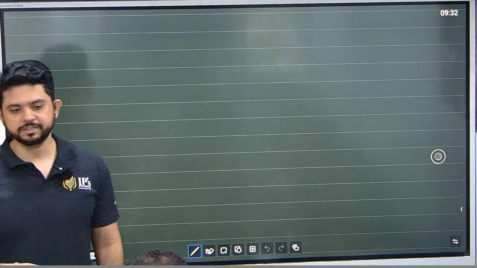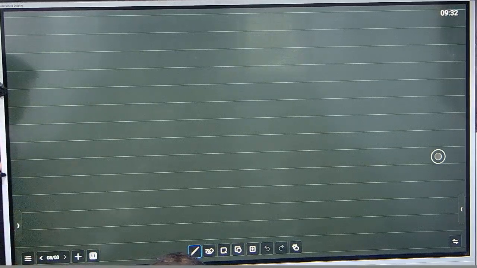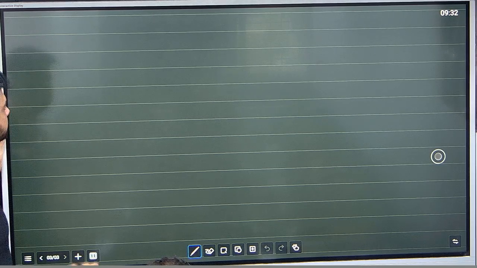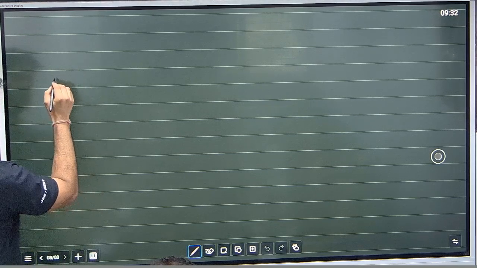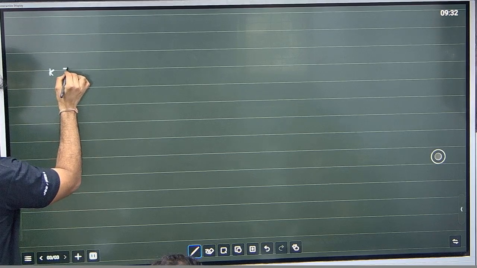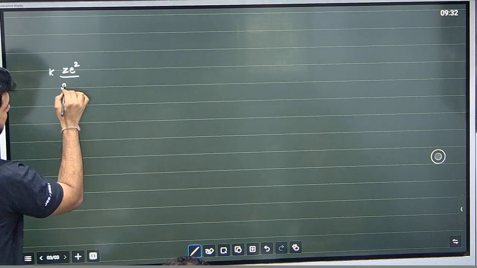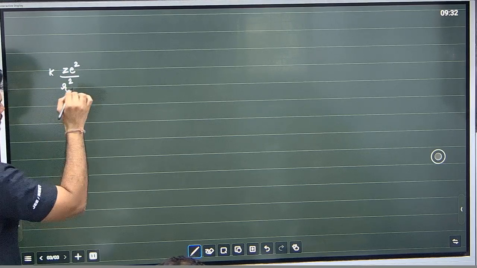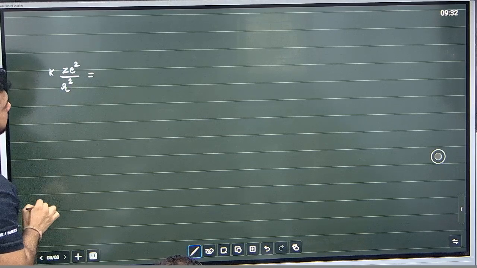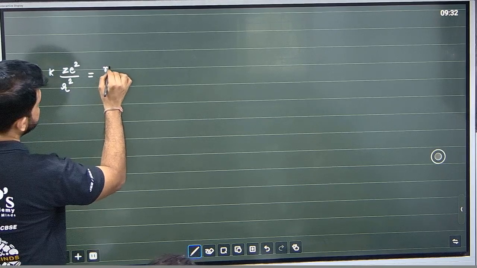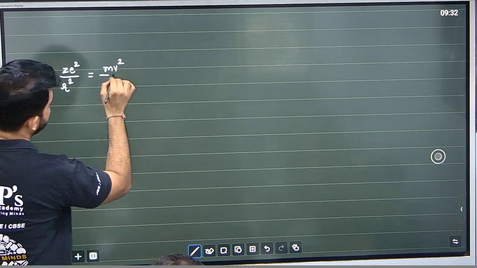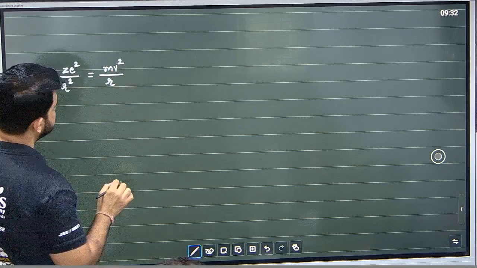Go back to the second postulate and tell me, when we equated centrifugal force and force of attraction, तो हमको क्या equation मिला था? Left में हमने क्या लिखा था? K ZE squared over R square था, the first one, which was equal to mv squared over R. ठीक है?